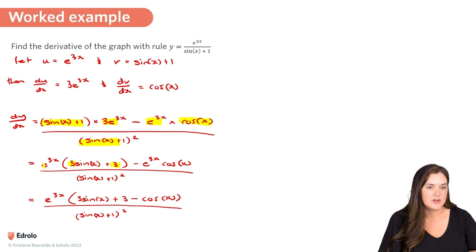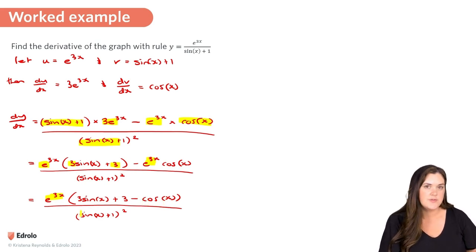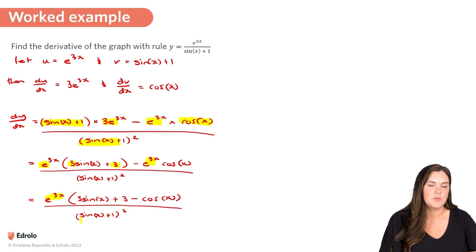That is so that I can factor out this e to the power of 3x in the next step. So I've taken that out as a common factor, e to the power of 3x, and then left everything else inside the bracket. That leaves me with 3 sine x plus 3, and then take away the cos x on the right-hand side there. And then still dividing all of that by sine x plus 1 all squared.